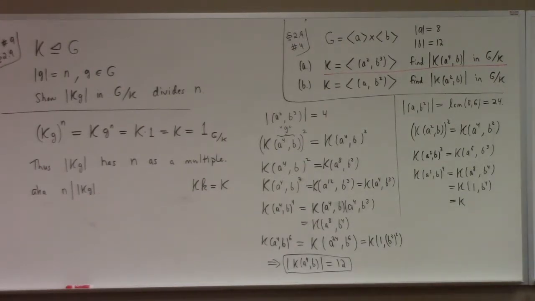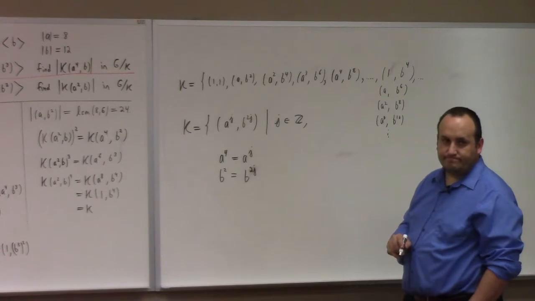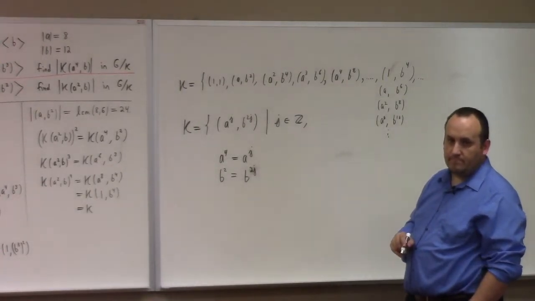Are we sure that a to the 4th b squared is not in K? That's a good question. So we have to solve a to the 4th equal to a to the j, right? And we have to solve b squared equal to b to the 2j, right? But it has to be a simultaneous j.